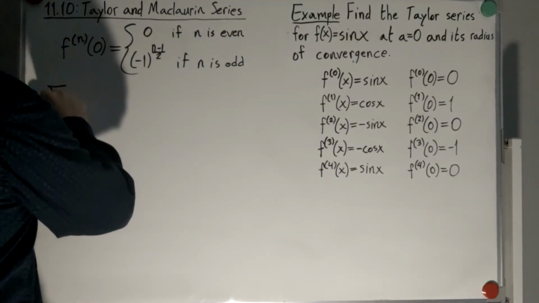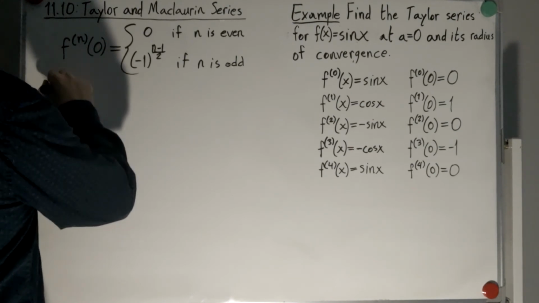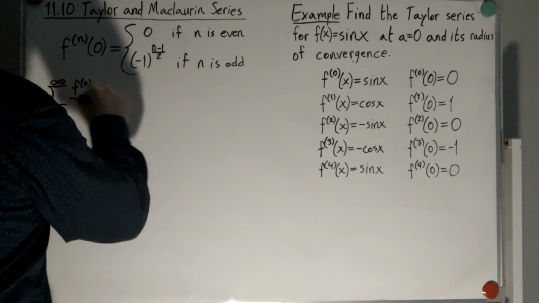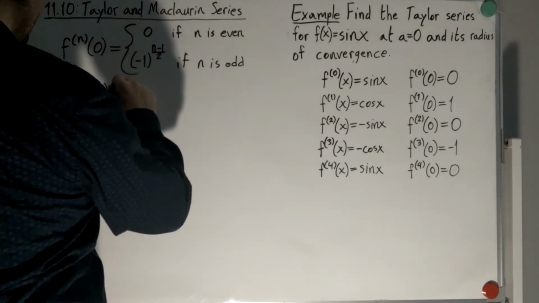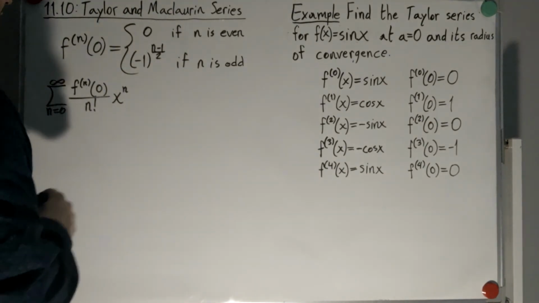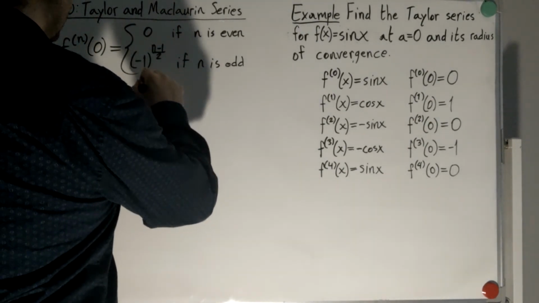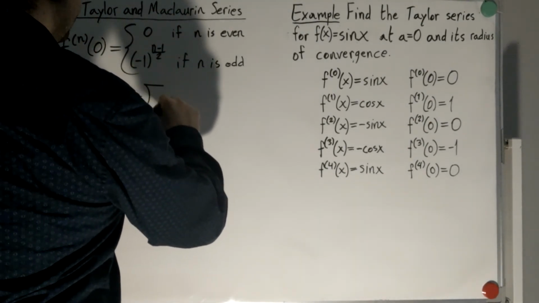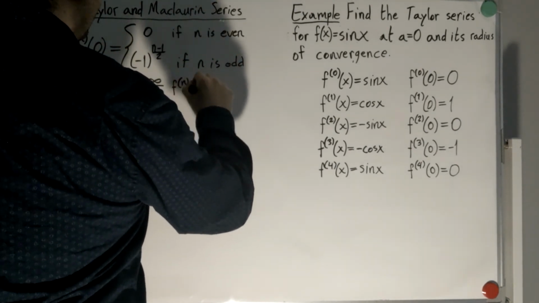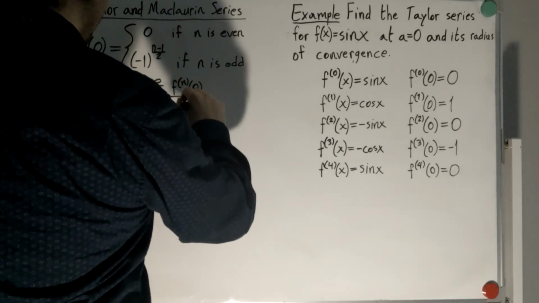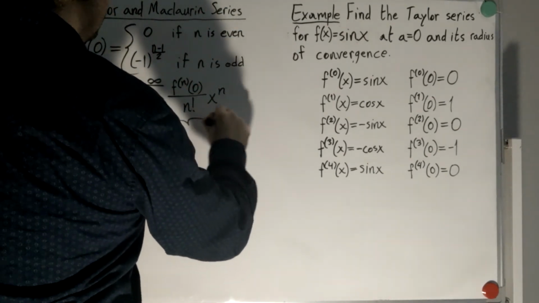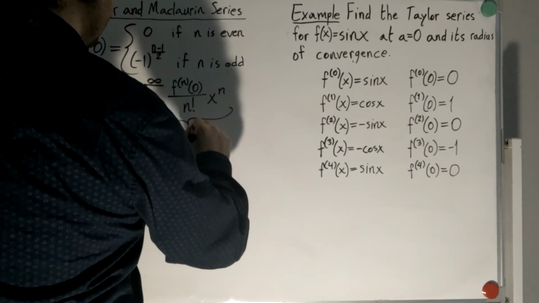So the sum from n equals 0 to infinity of nth derivative of f at 0 divided by n factorial, x to the nth power, we're only going to care about the odd terms. So n equals 0 to infinity of nth derivative at 0 divided by n factorial, x to the n, where n is odd.